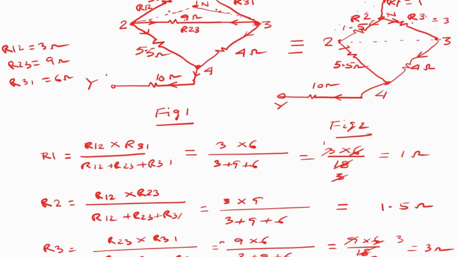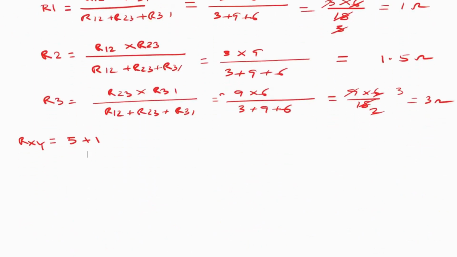Then R2 plus 5.5 and R3 plus 4 are in parallel, so the configuration is: 1.5, that is the R2 value, plus 5.5, is parallel to the R3 value, that is 3 ohms, plus 4. These two branches are parallel.